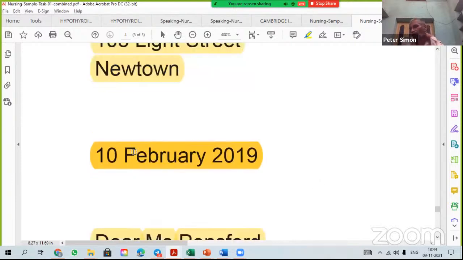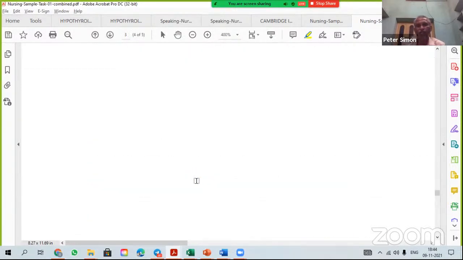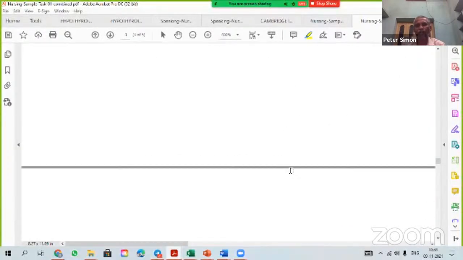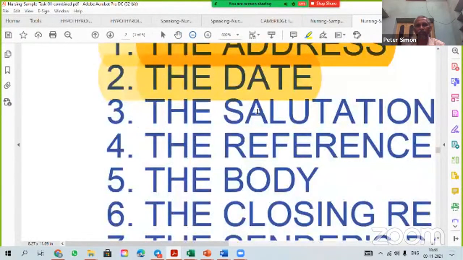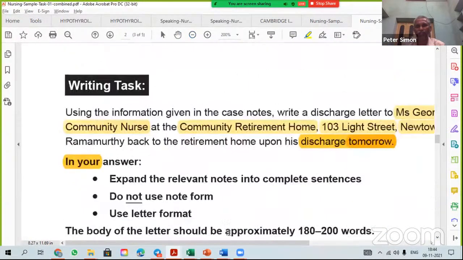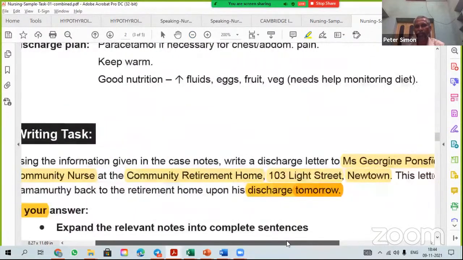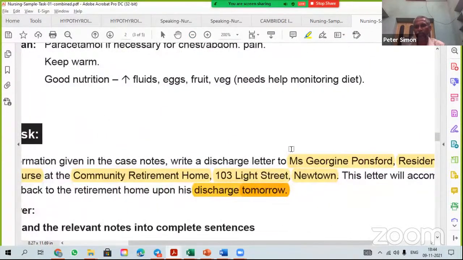So this is how you have to write. From where will you get Dear Miss Ponsford? From the address line, the first line. So the date you got, and now you are going to have the salutation. Where will you get the salutation? Salutation also comes from the same writing task. Dear Miss, here, and Ponsford from here. Dear Miss Ponsford.